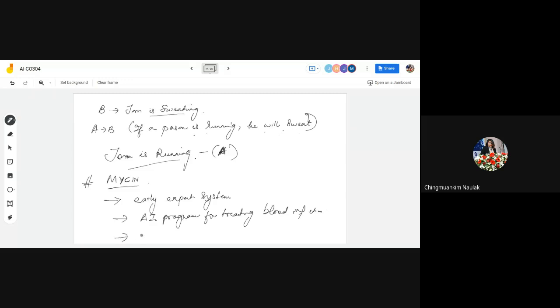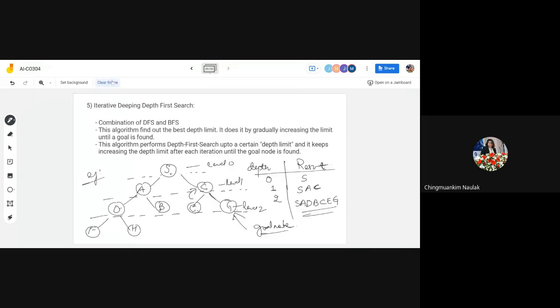This work began in 1972 at Stanford University in California. This expert system attempts to diagnose the patients based on the symptoms and the test results that it gets from the medical reports.